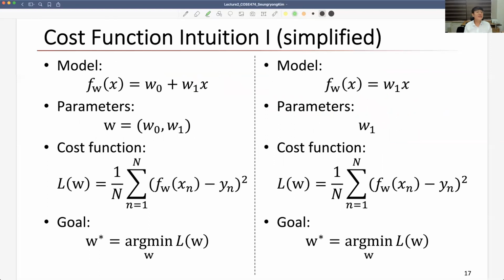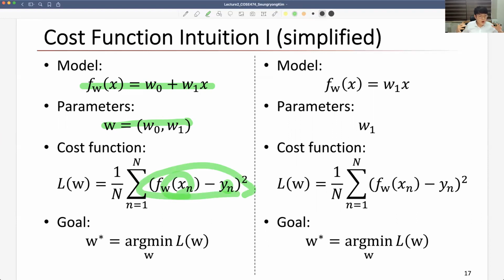Okay, so let's see the example. To summarize, we define the linear mapping function, something like this, and we already know there are two learnable parameters, W0 and W1. Given the training data set, X_n and Y_n, we define the cost function as the distance between the ground truth Y_n and the estimated one using some kind of distance function, in this case the L2 norm.